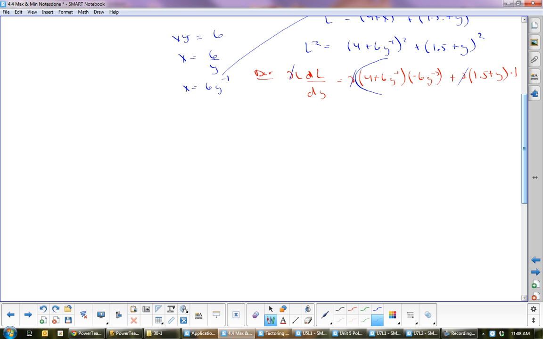I might just try to get this all together. So I got L dL over dy. That's going to be 4 times negative 6. Okay, so that's negative 24y to the negative 2, minus 36y to the negative 3, plus 1.5 plus y.